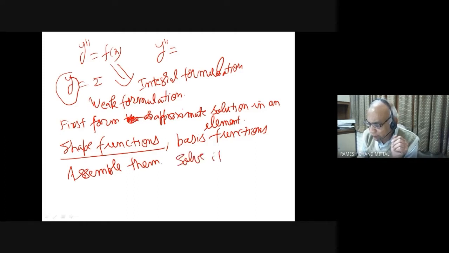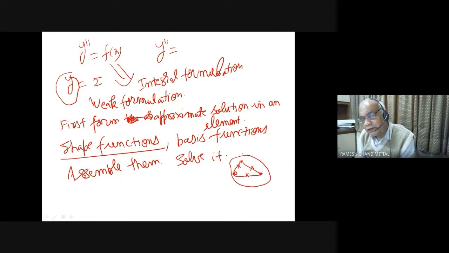So you get some kind of solution at each node of the element. If I have a triangle, it will have 3 nodes, or I can take more nodes if I need more accuracy. So I take the middle points of the sides of the triangle, depending on whether you are choosing a quadratic or linear shape function.